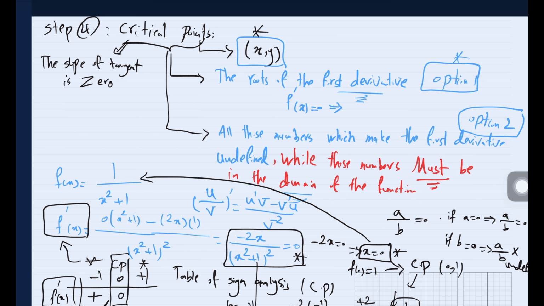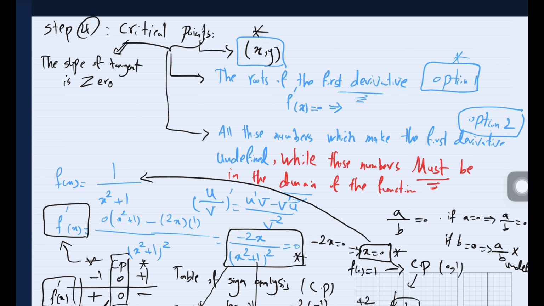If x is positive 1, it's going to be negative 2 multiplied by positive 1 divided by (1 squared plus 1) squared. So it's going to be negative 2 over 4, which is negative 1 over 2. So that is a negative number.